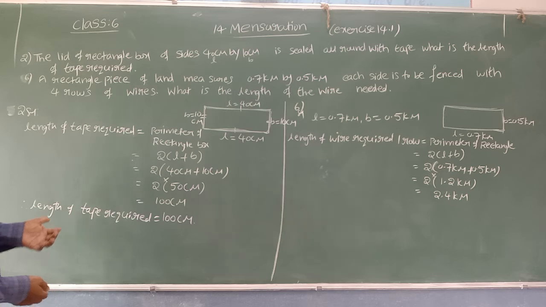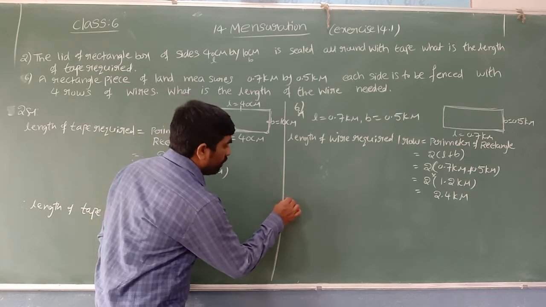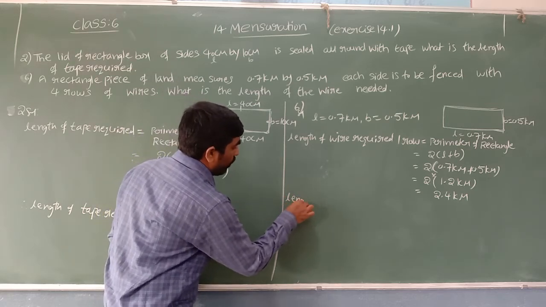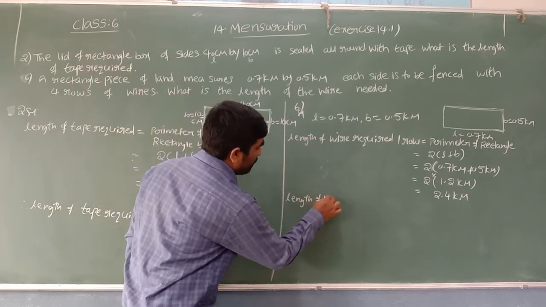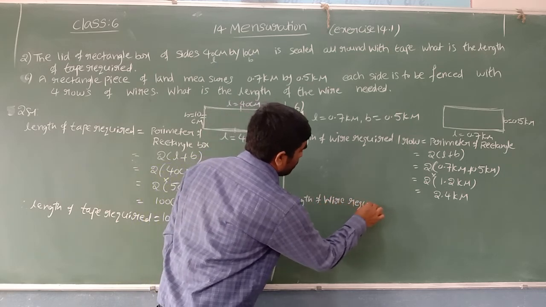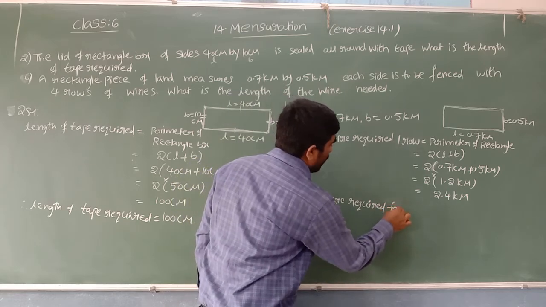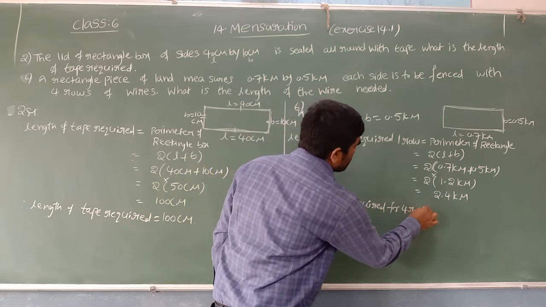Then can you tell me how much wire is required for 4 rows? Yes, we multiply with 4. Now we'll write here: length of the wire required for 4 rows.